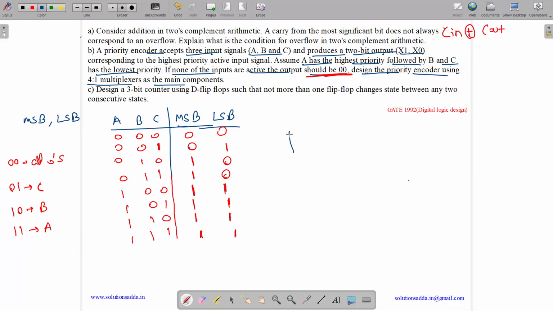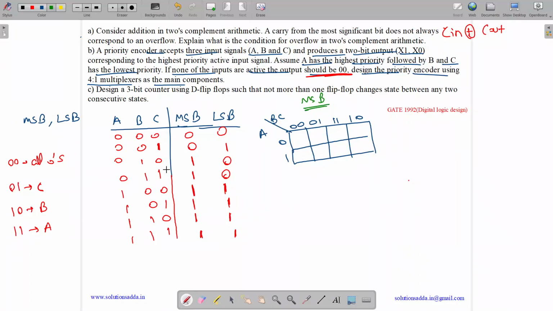So the K map will look something like this. We have three inputs A, B, C, with the values 00, 01, 11, 10 along one axis. First let us create it for MSP.